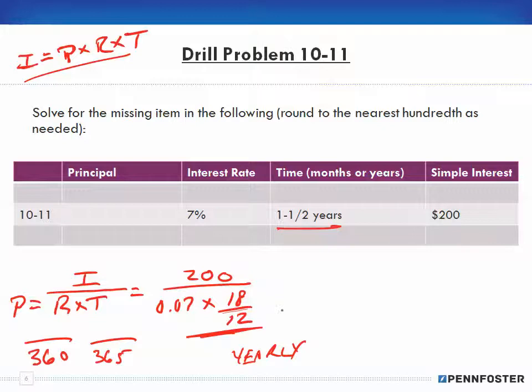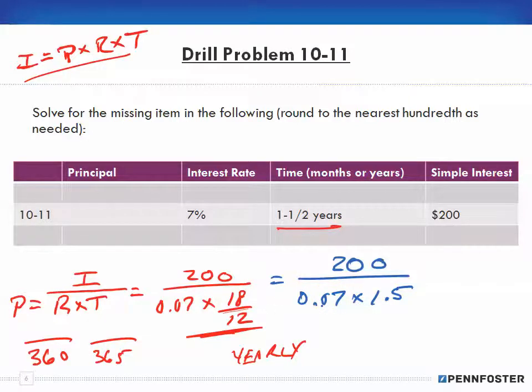But like I had said, me personally, when I first saw this, I went 200 over 0.07, and then I knew that this 1.5 is yearly, so I would use the 1.5, okay? Especially since it makes doing the math a lot easier.